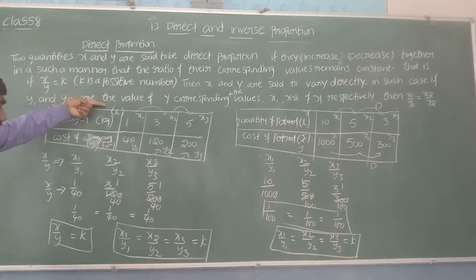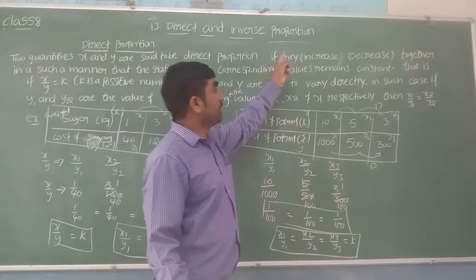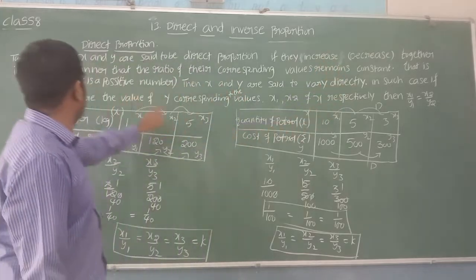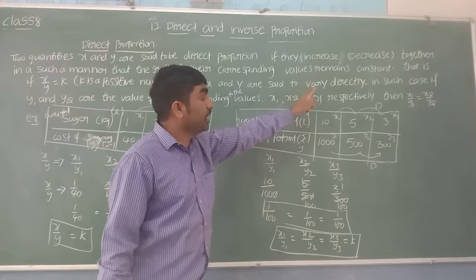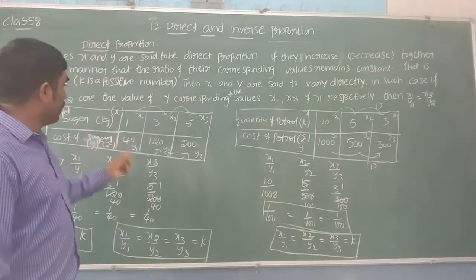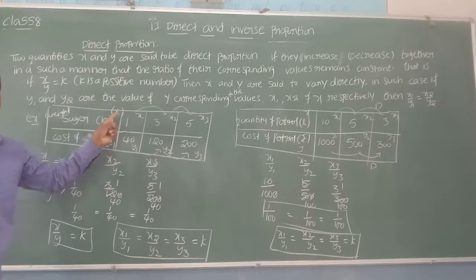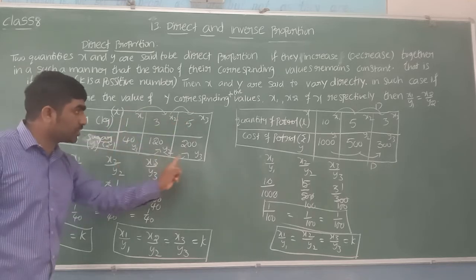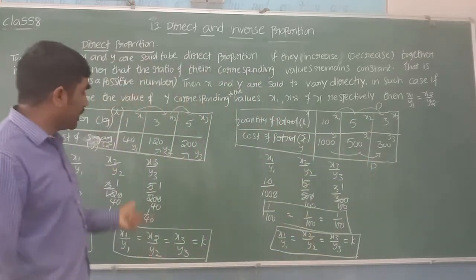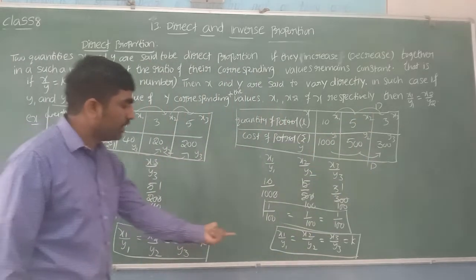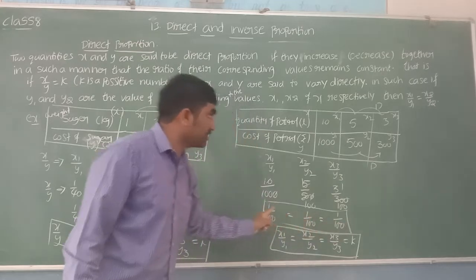When two quantities x and y are in direct proportion, they increase or decrease together in such a manner that the ratio of corresponding values remains constant.